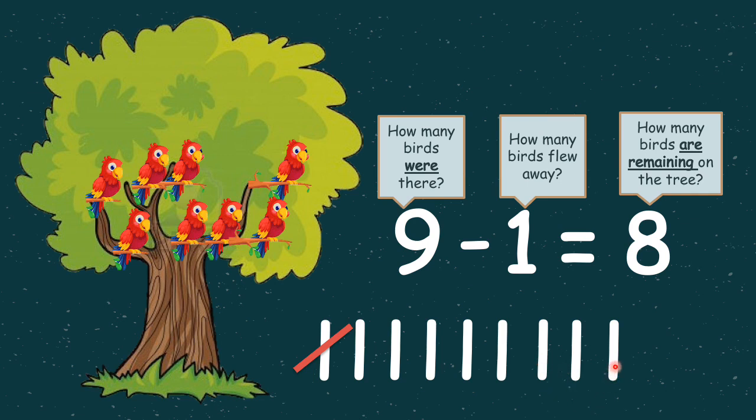So how many birds are remaining? 8 birds are remaining on the tree. So you can also solve or subtract like this. This is an easy method for your children. So shall we solve a few more examples here? Good.